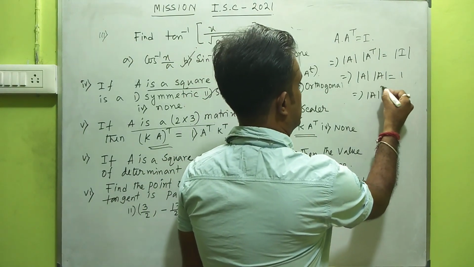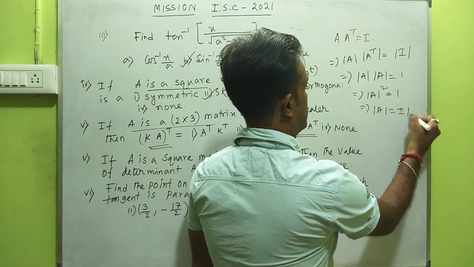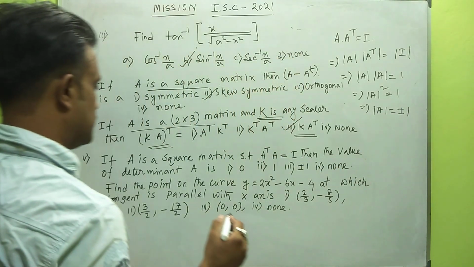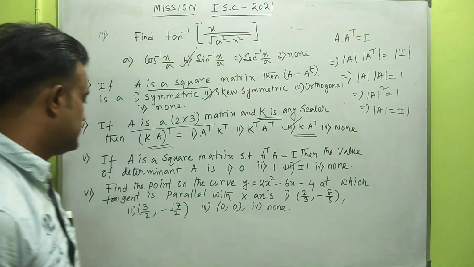So determinant of A square is equal to 1 and determinant of A will be plus minus 1. So the answer will be plus minus 1.